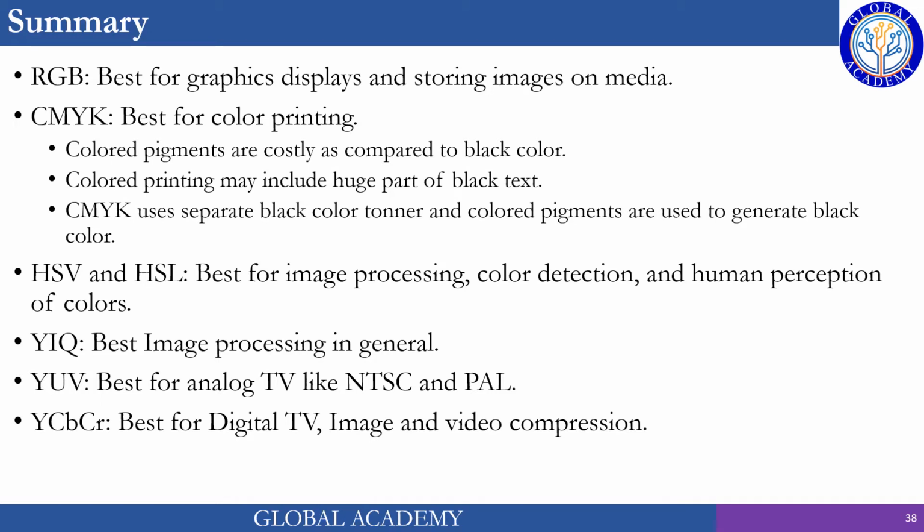We can produce all the colors using CMY, and we have a dedicated black for black and white printing or black text printing, and these color pigments are not used to generate black. HSV is best for image processing, color detection or human perception of colors, and YIQ is best for image processing in general. YUV is best for analog TV like NTSC and PAL, and YCbCr is best for digital TV or image and video compression. So these are the most used color spaces.